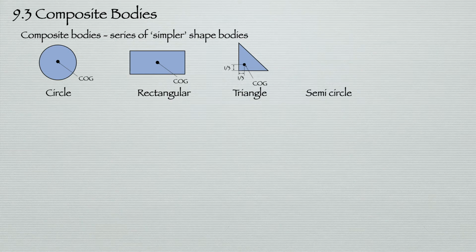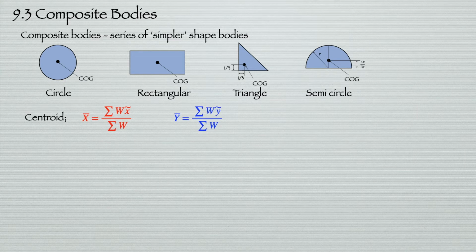And semicircle, where it has the centroid point located at the middle of the semicircle, and the height is 4r/3π distance from the bottom side of its shape. So these are simple shapes of body that are combined together to become a composite body.